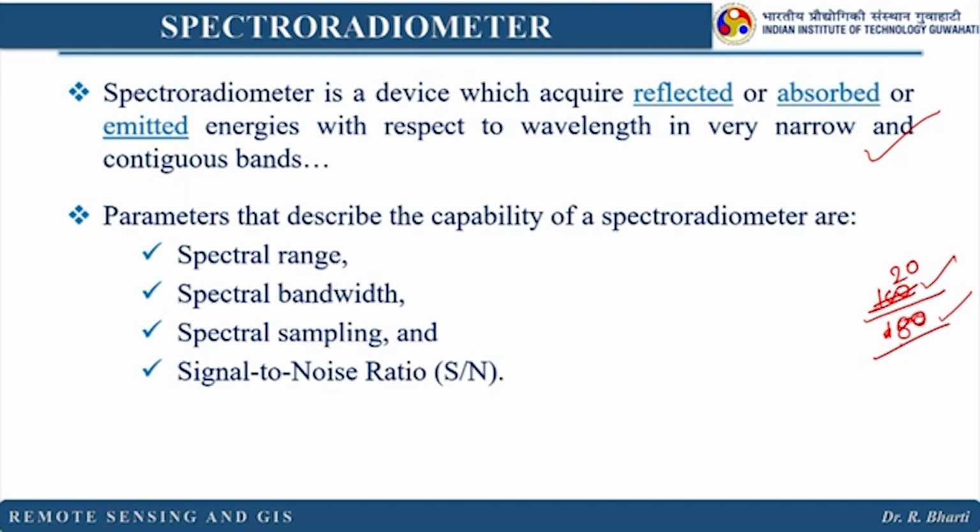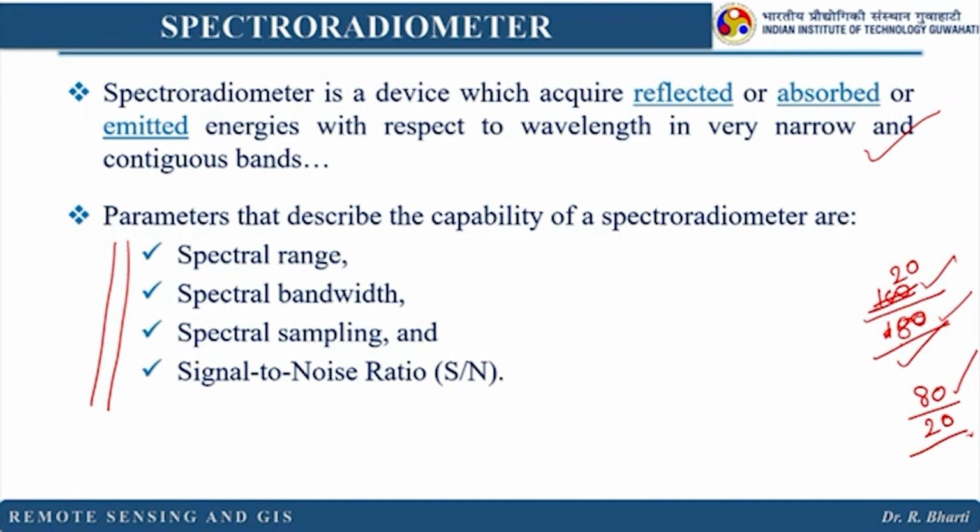The acquired information or the saved data will have more noise. But if you invert this, let us say 80 is your information from the target and 20 is noise, that is a good condition because you have more information than noise. That is why we use signal to noise ratio to define the capability of our instrument.